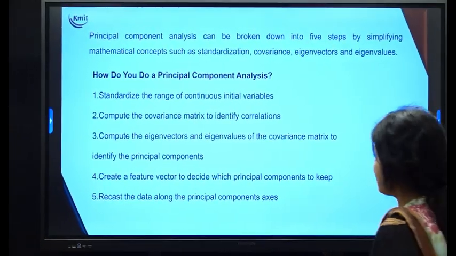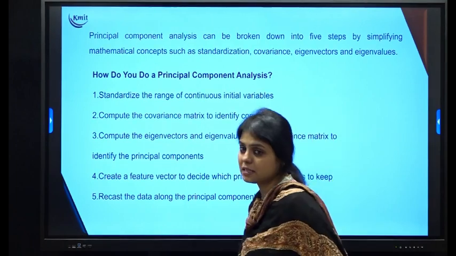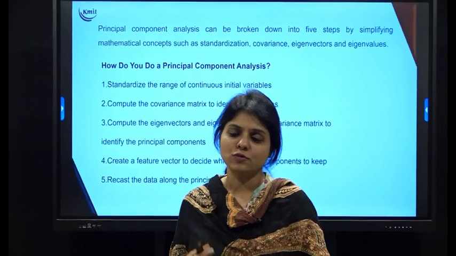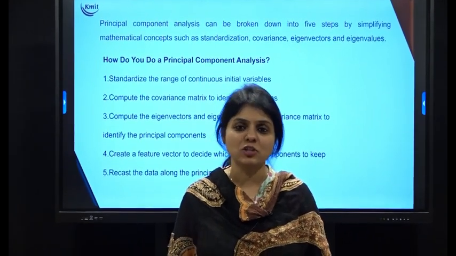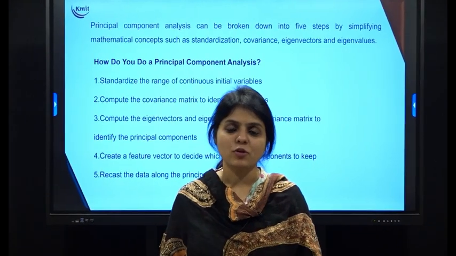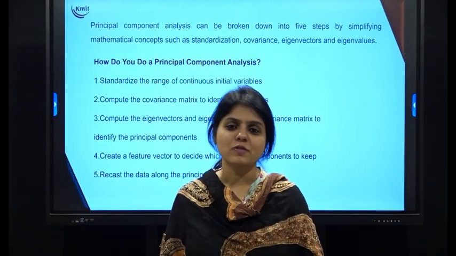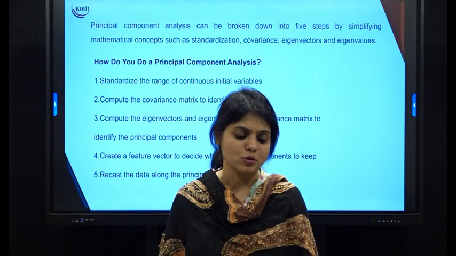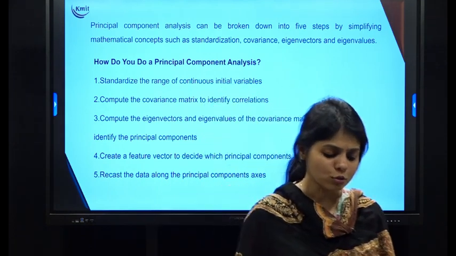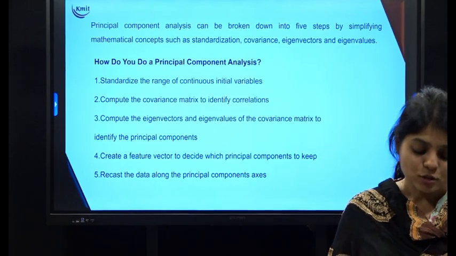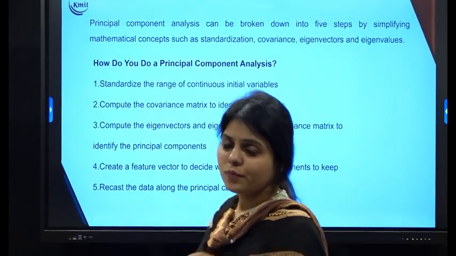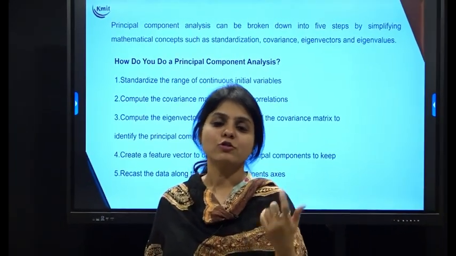First is we have to standardize the values in the data set. Okay, often when we look into a data set, we have different features. For example, when I talk about house price prediction, the house price is predicted based on the SFT. Now how are the square feet values given? The minimum square foot would be around 600 to 700 and the maximum square foot would be around 2000 or 3000. So the values in the square foot are usually higher.